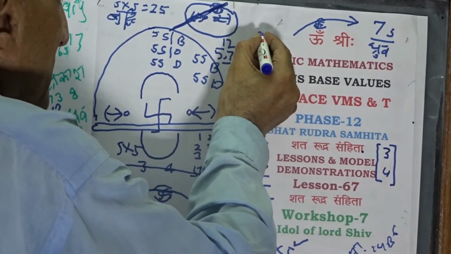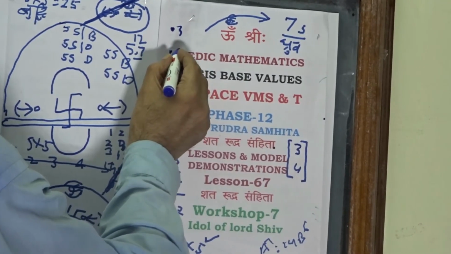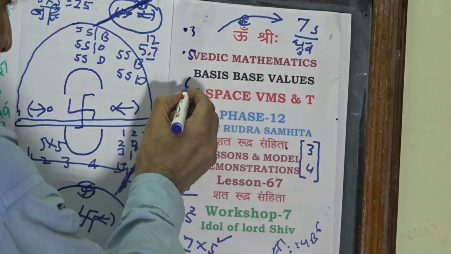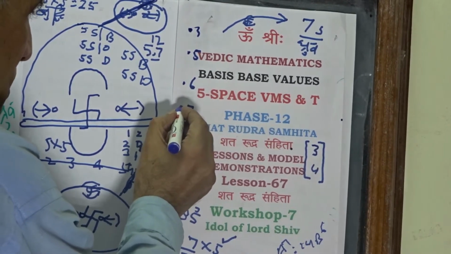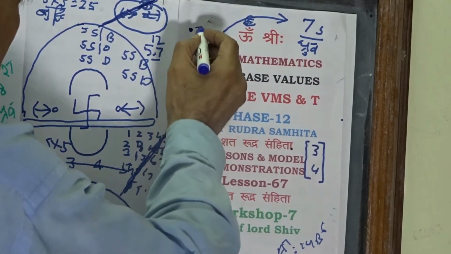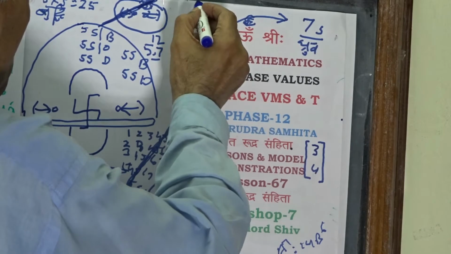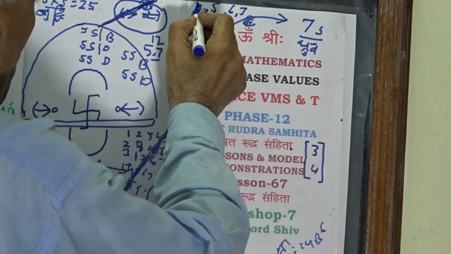4 space as origin of 3 space, 5 space as origin of 4 space, 6 space as origin of 5 space, 7 space as origin of 6 space, and this reach is a reach of 4, 5, 6, 7, and it is of hypercube 4.